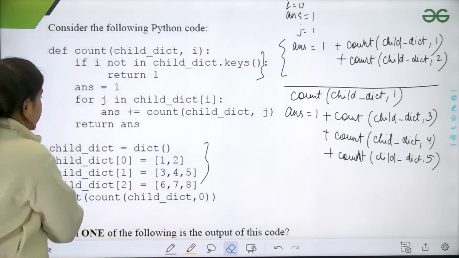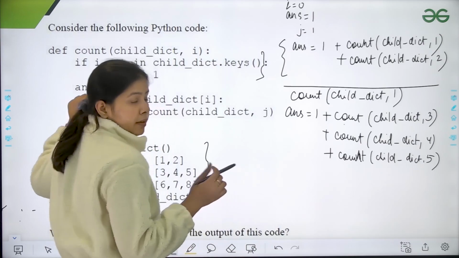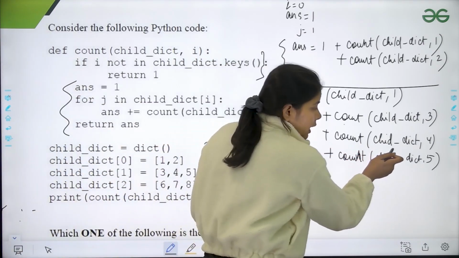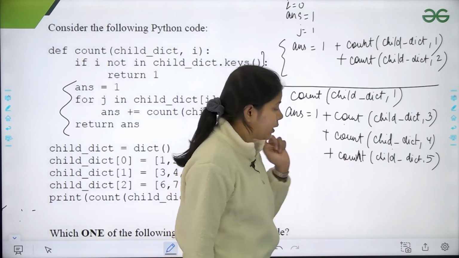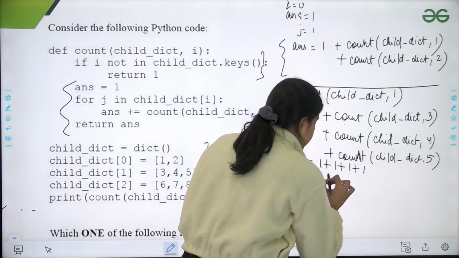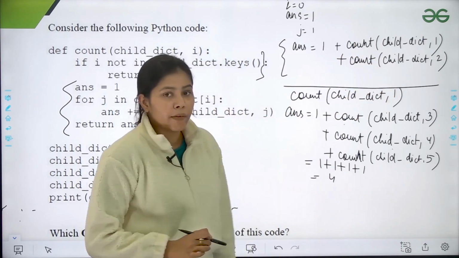We will get 1 value, it will return 1. Similarly for child dict 4 comma 4, it would return 1. So it would become 1 plus 1 plus 1 plus 1, that is 4. So from this count child dict comma 1, we get the value 4.